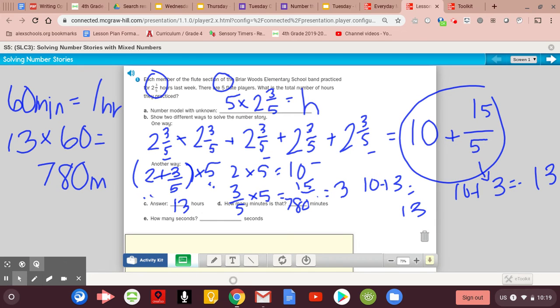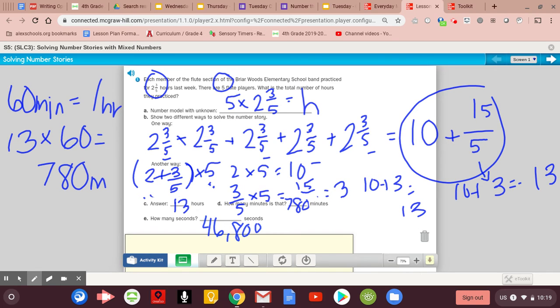And you are going to write 46,800 seconds. That is a lot of seconds that they played flute. All right, so that is problem 1. I know it's kind of messy and it was kind of quick, so please let me know if you need help, but I only have so much time on here.